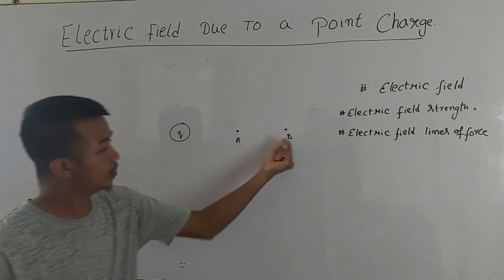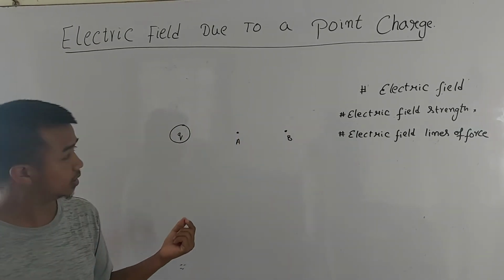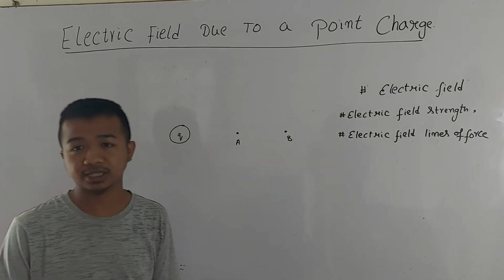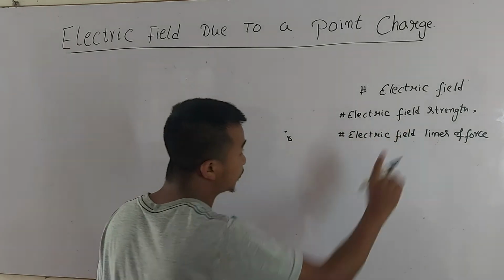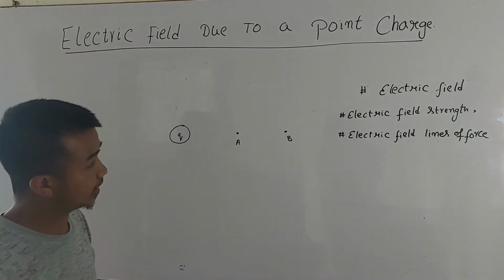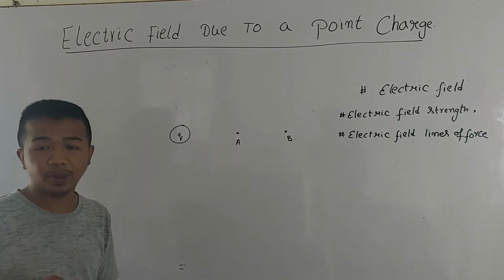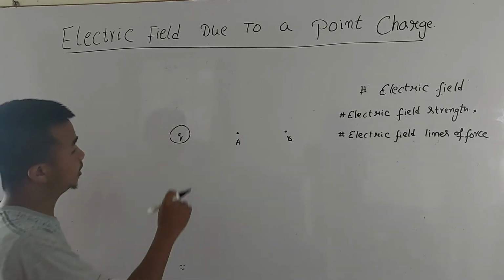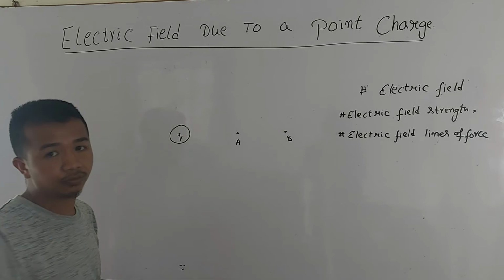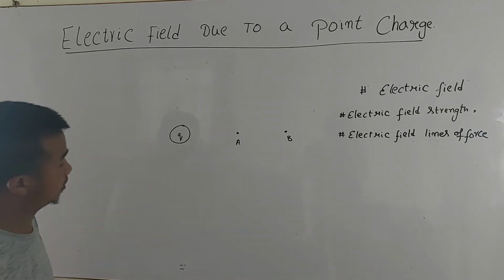Further from the system of charge, smaller will be the strength of the electric field. So the electric field strength is defined as the force per unit test charge in a region of an electric field.